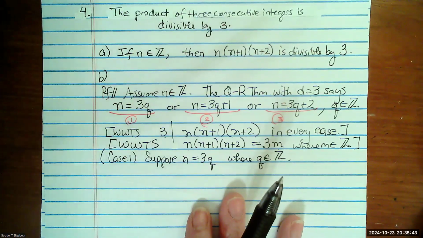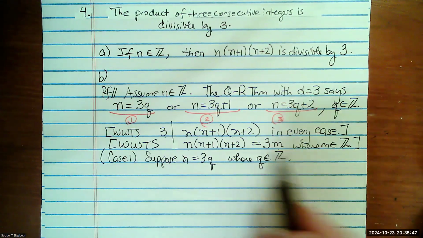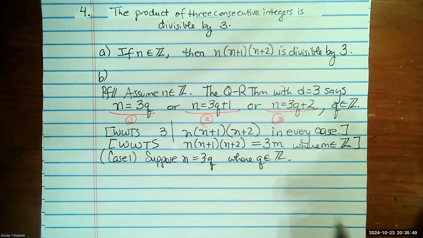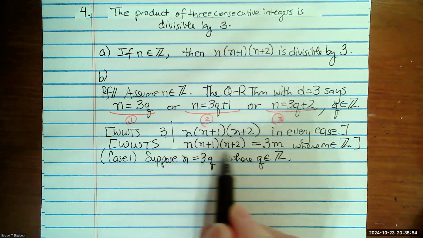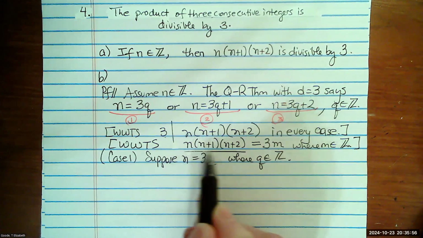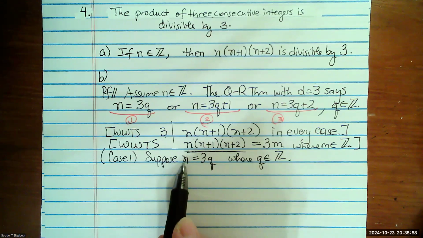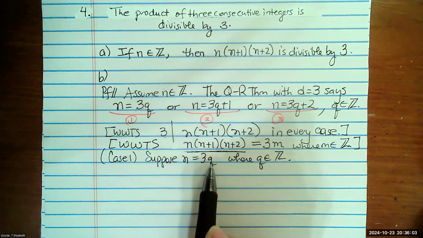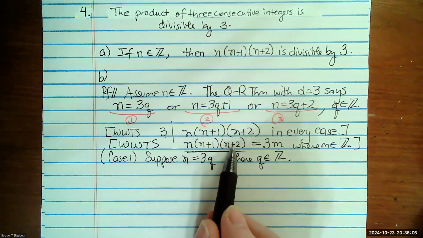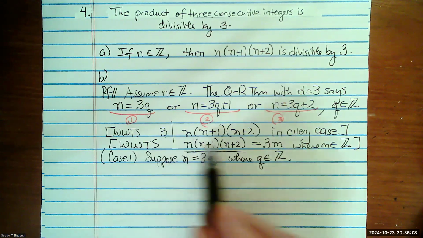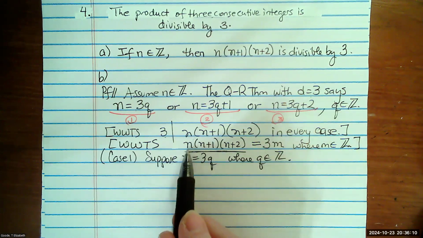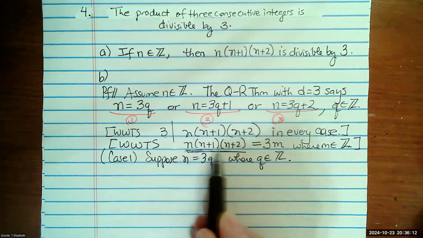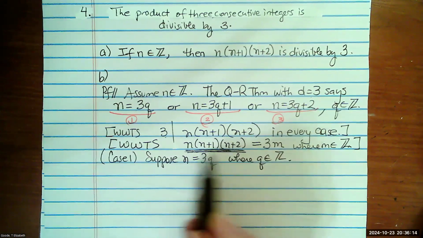So now what should we start playing with? n equal to 3q, in the case where n is 3q. We're in case 1, so you got that perfectly. We're going to look at this expression. That's why it's good to unpack the divides wish, because then you can see what you actually have to start substituting into.